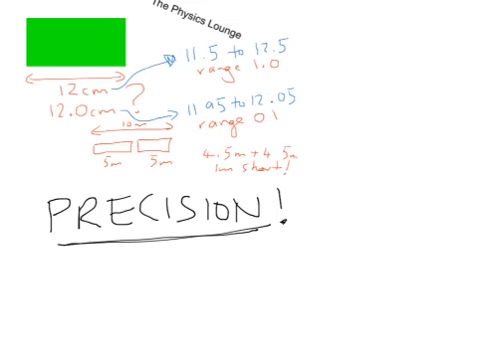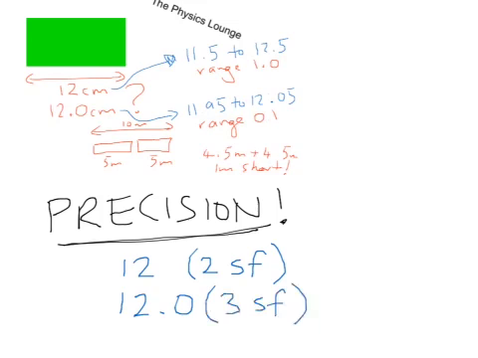So let's go back to 12, since that's the number we have up there. 12 is measured to two significant figures, 2 SF. 12.0 is measured to three significant figures, 3 SF. And we would also say that this is to one decimal place, 1 dp.